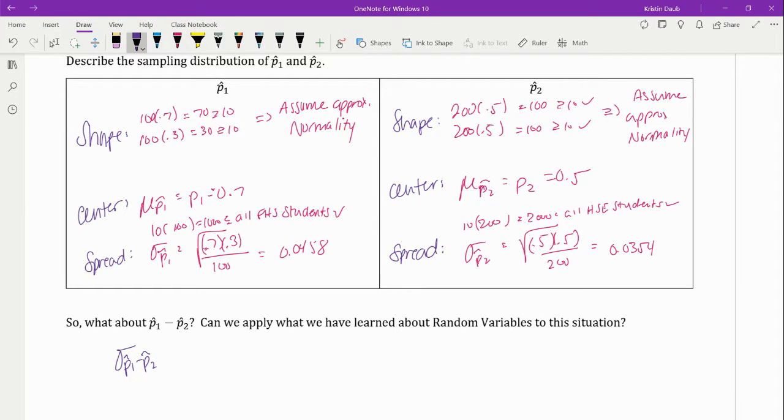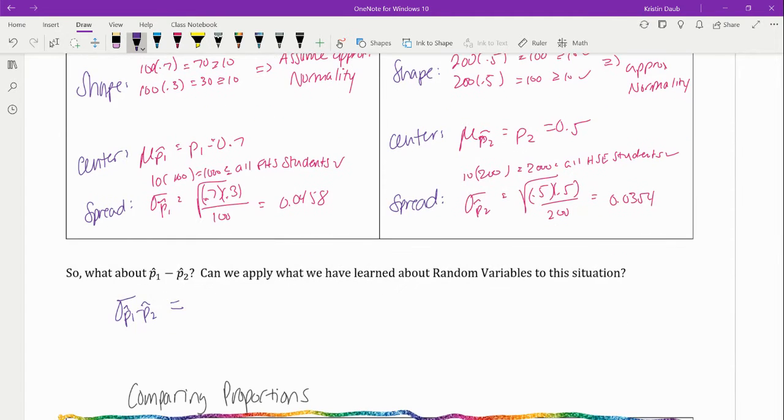And if you remember what we did before, we squared the standard deviations to have variances. We added the variances together, and then we took a standard deviation at the end. Well, if I square the formula for the standard deviation, that just gets rid of the square root.